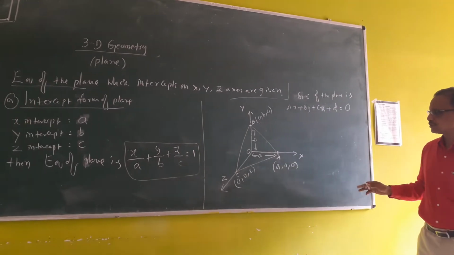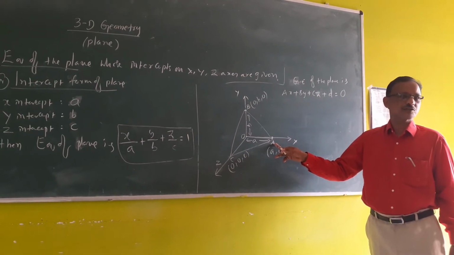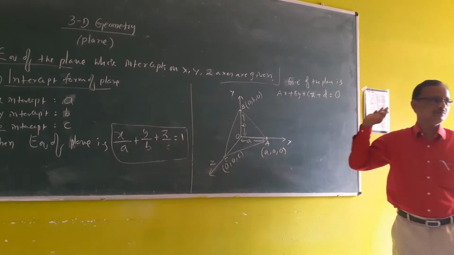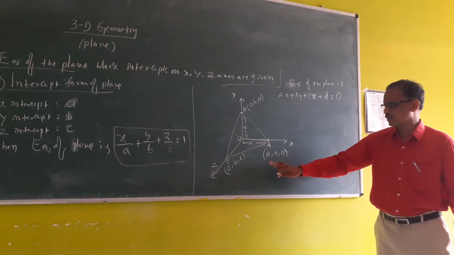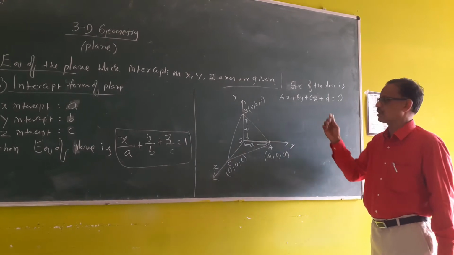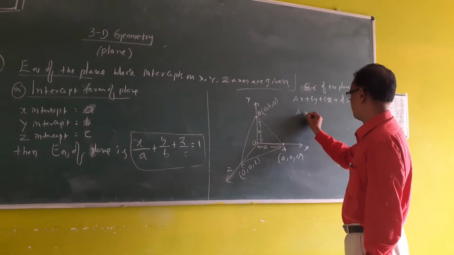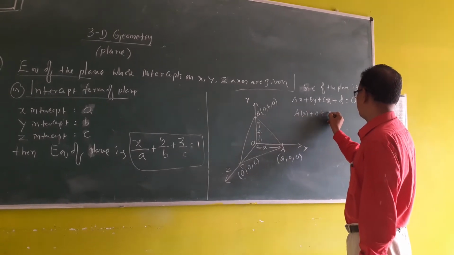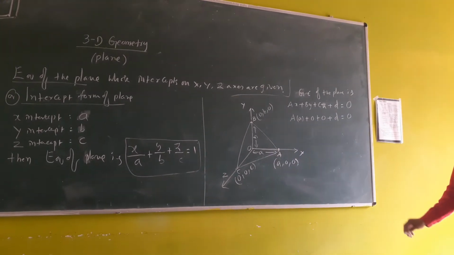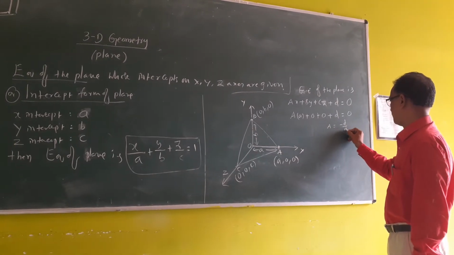This plane is passing through the point (a, 0, 0), so this point must satisfy the plane. Substitute x equal to a, y equal to 0, z equal to 0. We get a times capital A plus d equal to 0, so capital A equal to minus d by a.